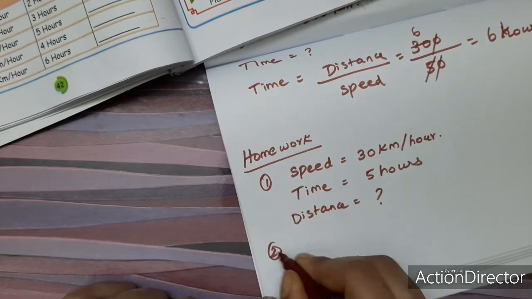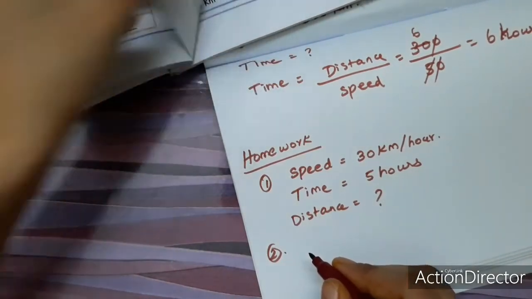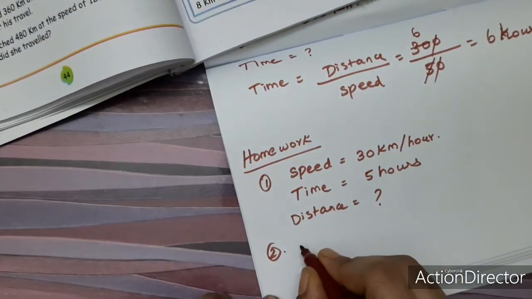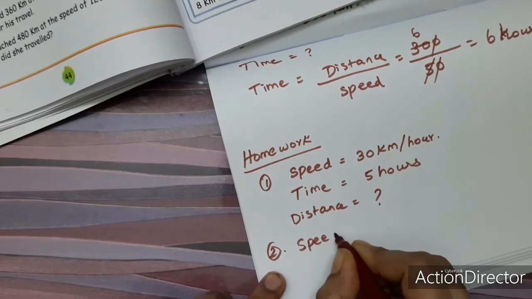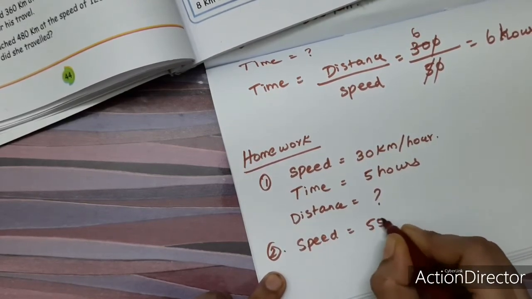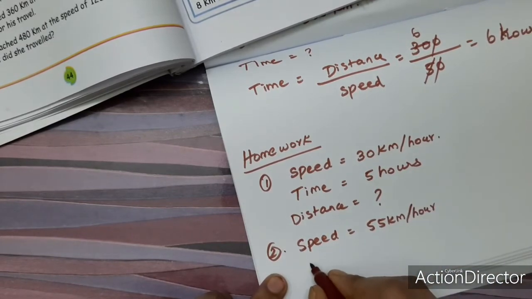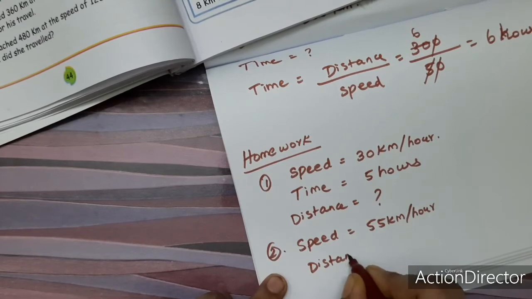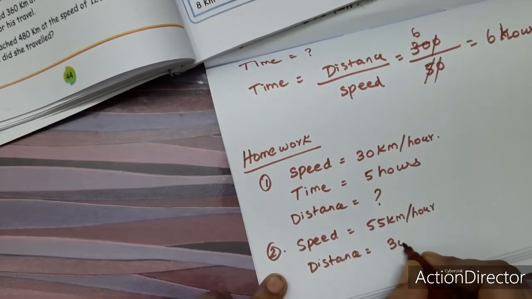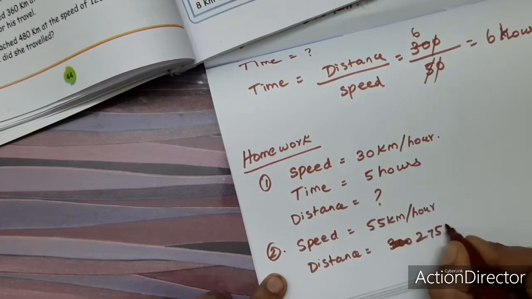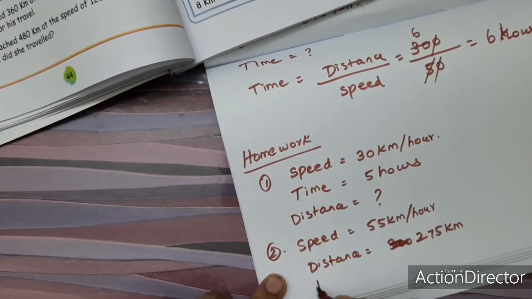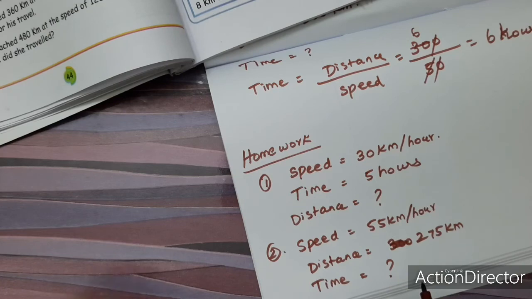Second sum, speed equal to 55 kilometer per hour, distance equal to 275 kilometer. So what is the time? These two sums, just write them as homework in your rough note. Please send it to me.